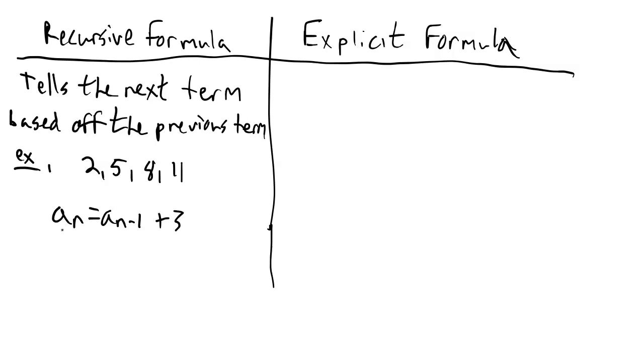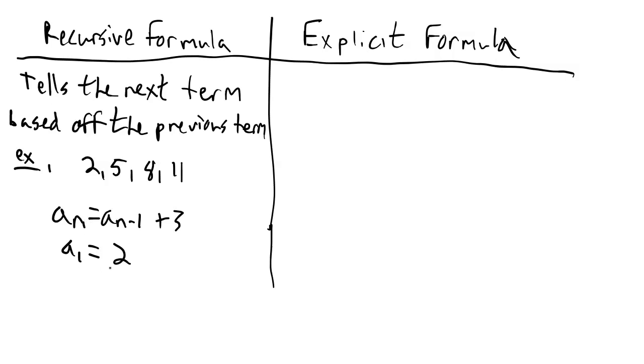The other important part, this tells us important information about where we're going, but we need to know where we started. We need to figure out what the first term was, otherwise we could be adding 3 to anything to figure this out. So we need our first term, or a sub 1, and what is that in this case? It's 2. Right. So that's a recursive formula, right? It tells us it based off of the previous term.